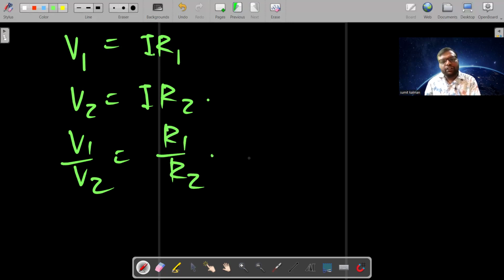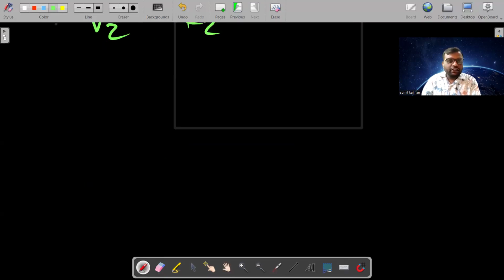So here, students, we have to calculate the resistances R1 and R2. So students, R1 is equal to V square upon power P1.